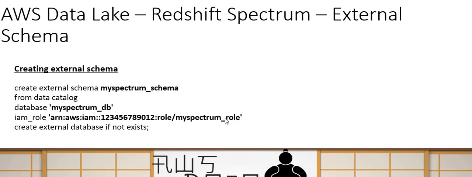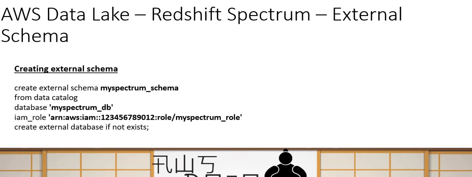It's pretty straightforward. So you're simply saying, for this database, create an external schema inside Redshift Spectrum using this role. Okay, and then the last statement is that if this database does not exist, then create it. If it does exist, simply do nothing.